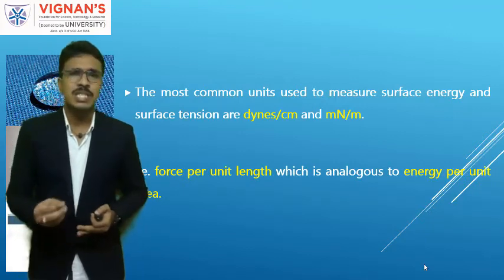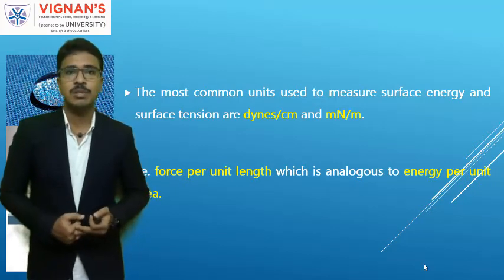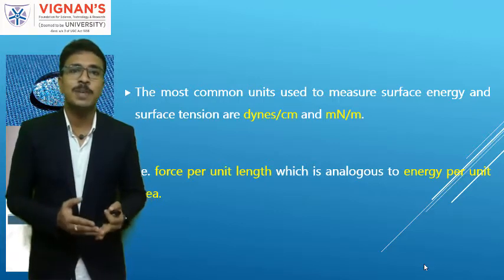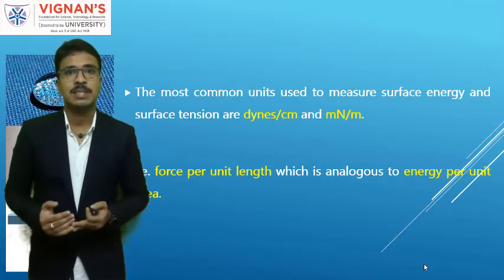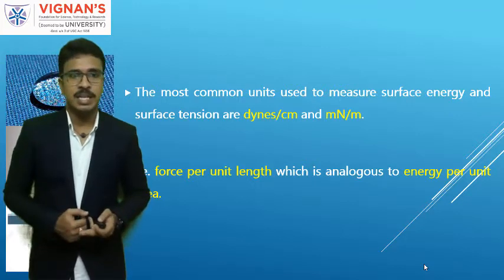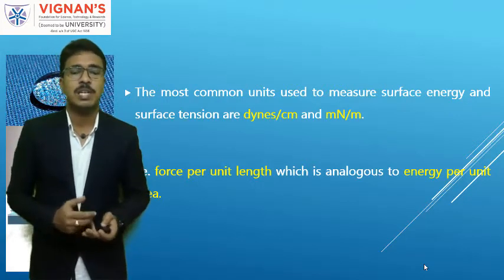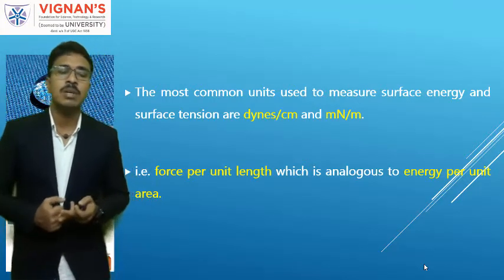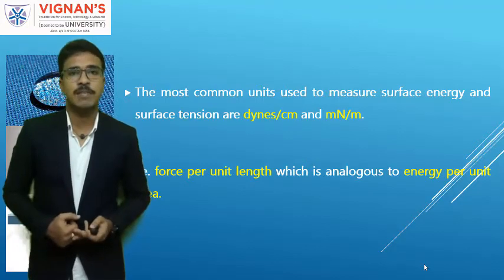Which is nothing but, as we have seen in the last slide also, force per unit length, which is analogous to, more or less similar to, energy per unit area. Understand? So this is how we are measuring the surface energy.